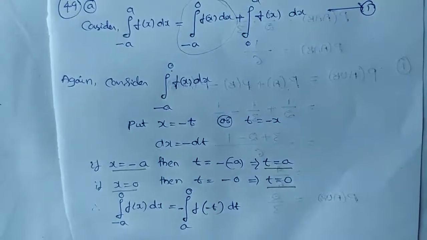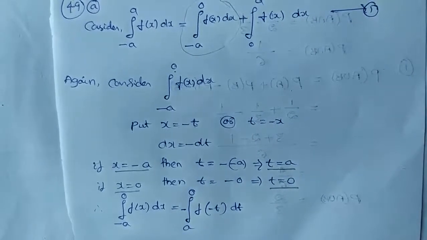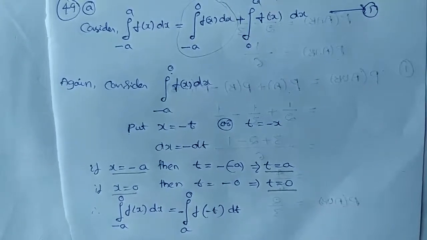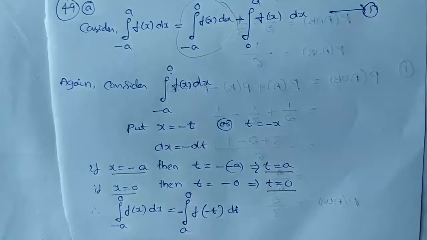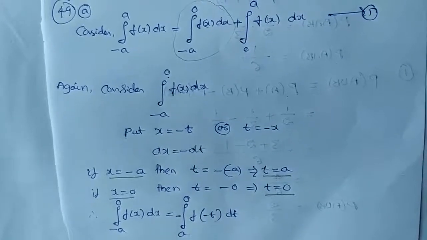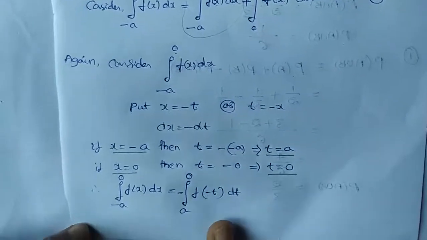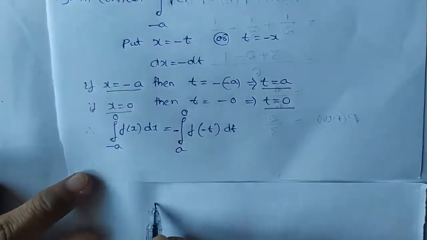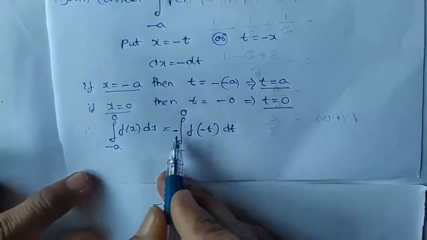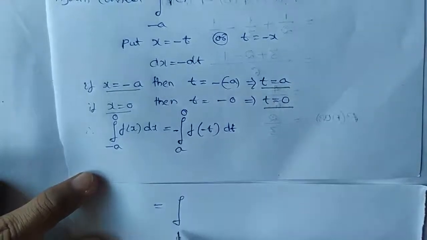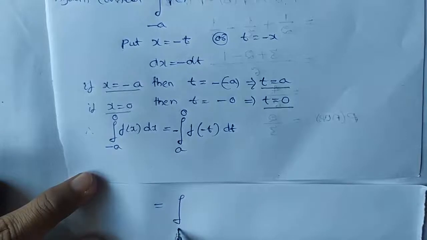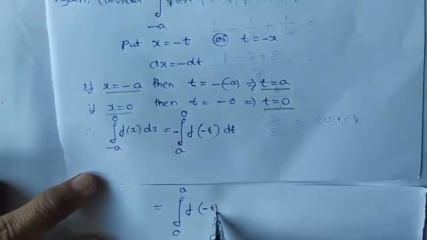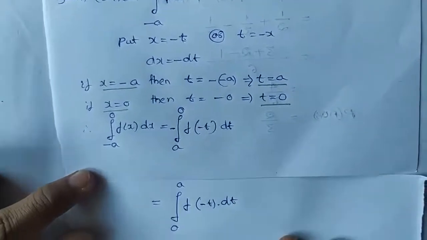Next we have to apply the property integration of a to b f of x dx equals integration of a to b f of t dt. Here we are going to apply one more property. Let us change the limits: integration of 0 to a f of minus t dt.